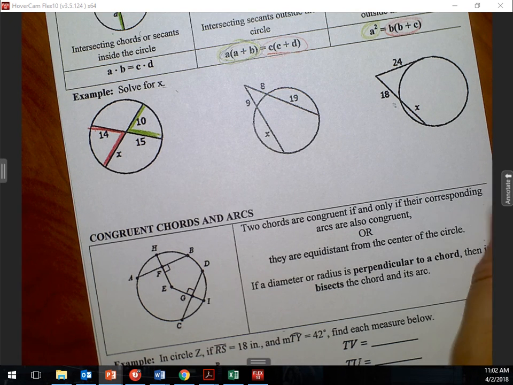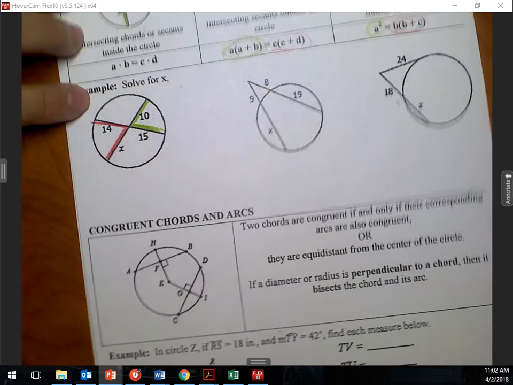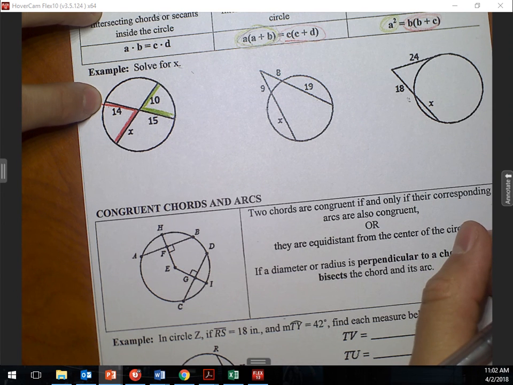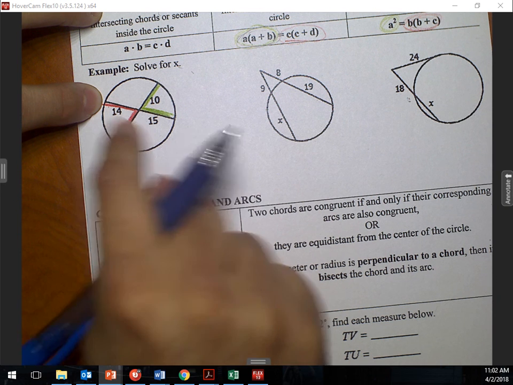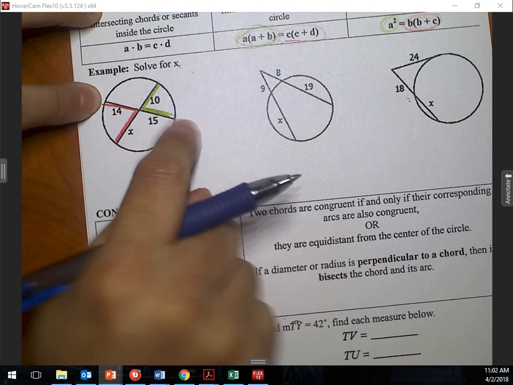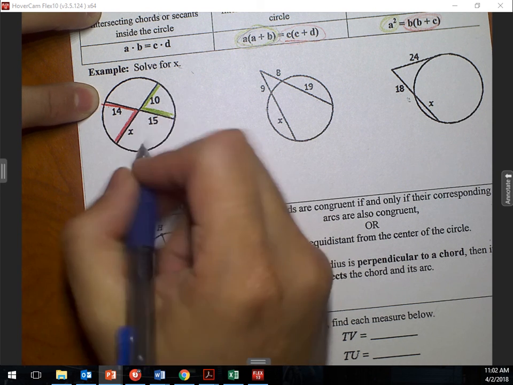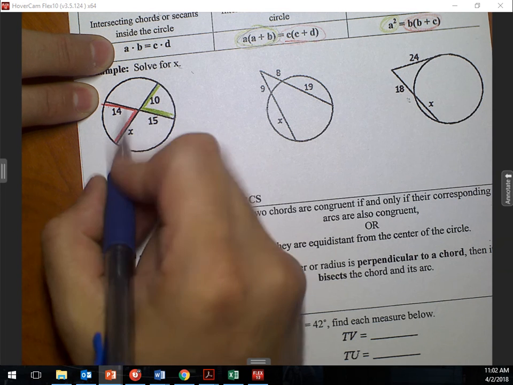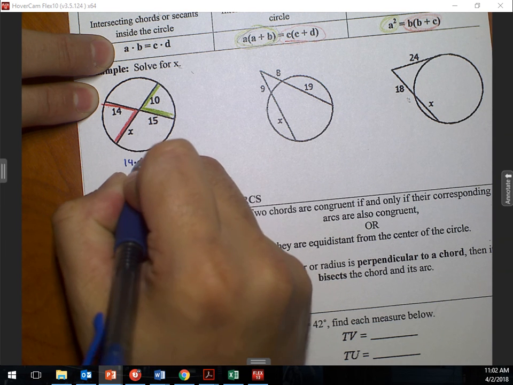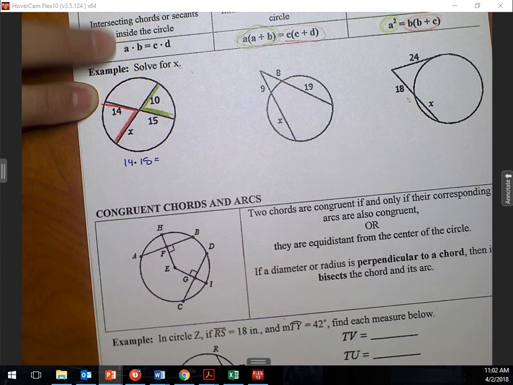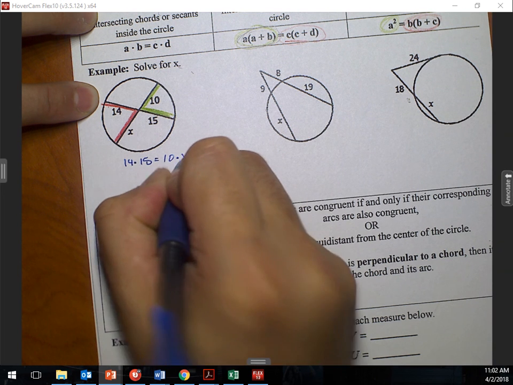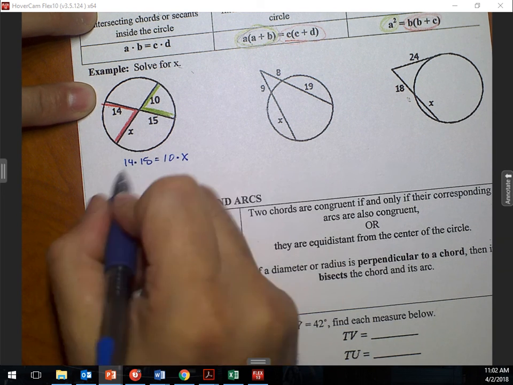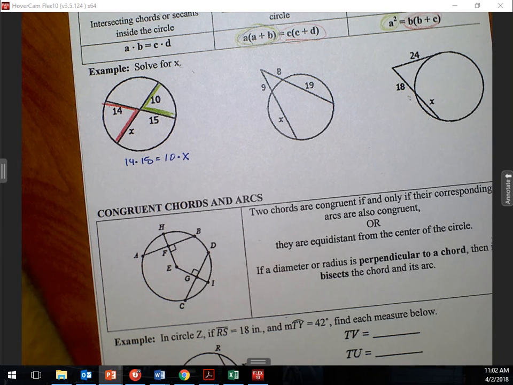Okay, so when you're done coloring that, which ones are going to multiply together here? 14 and 15, because they're on the same line, right? So it's 14 times 15. I'm looking at my formula. 14 times 15 is equal to 10 times x. Very good. So 14 times 15, do the math, please.